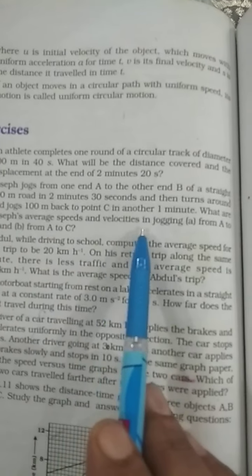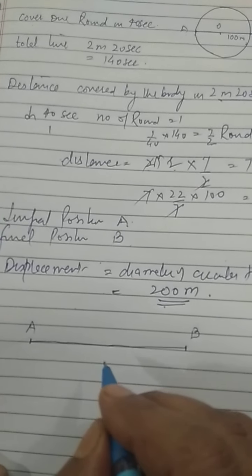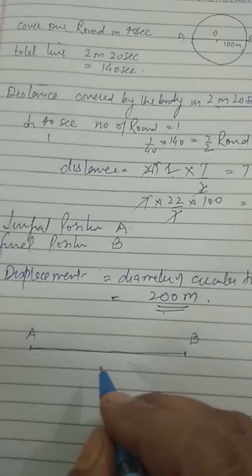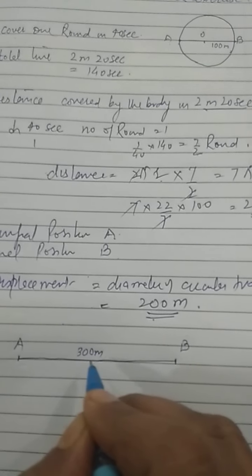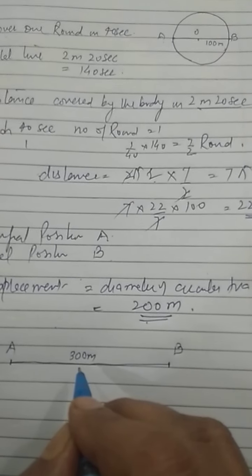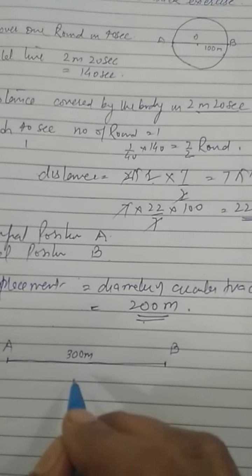Let us understand the question first. Joseph jogs from A to B. This is A, B, and the distance from A to B is 300 meter. The time taken by Joseph from A to B is 2 minutes 30 seconds.